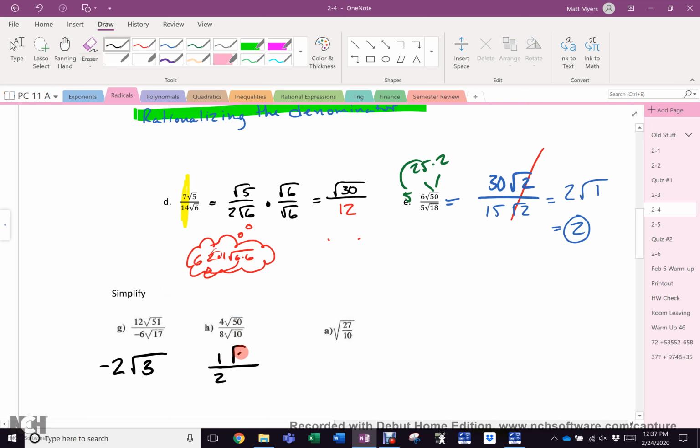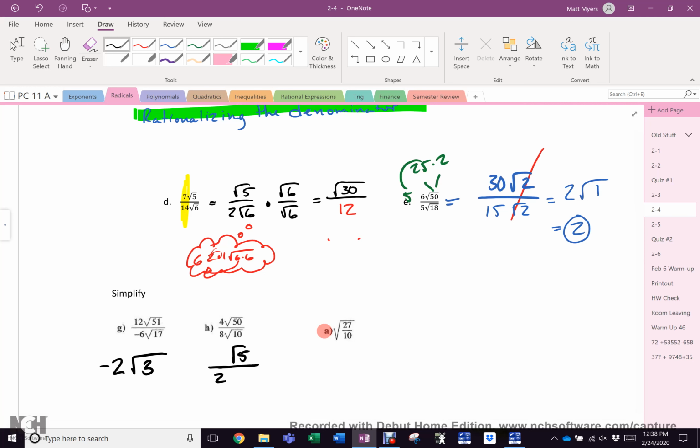So it's root 5, right? Would I ever write that one? No. Do we have a denominator that's radical? No. So can we leave it? Yeah, we're done.